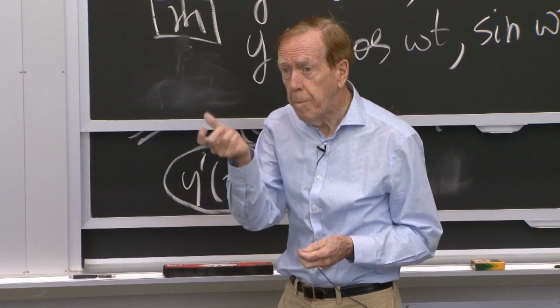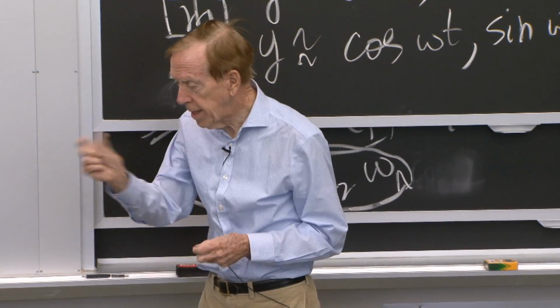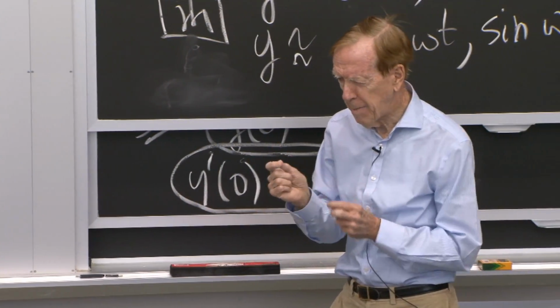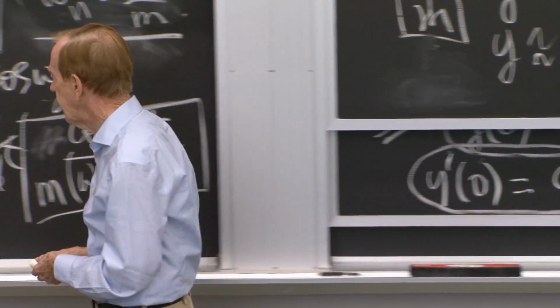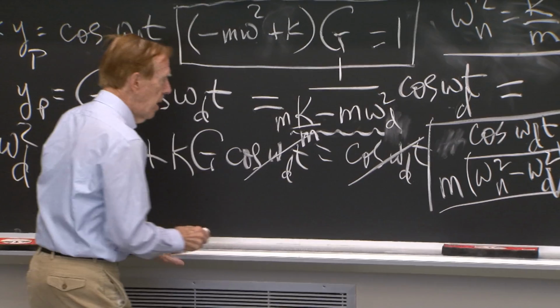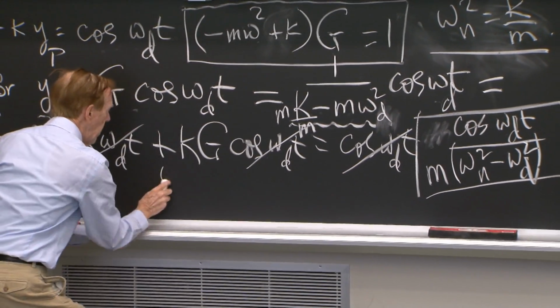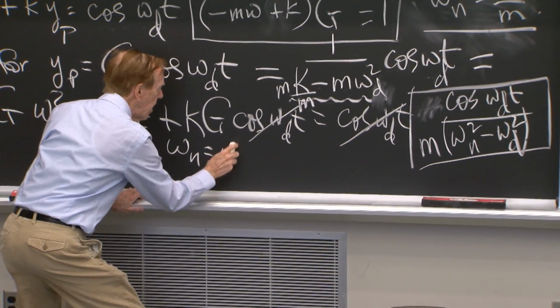When I have this repeated thing, two things are equal, what tends to happen is an extra factor t appears. So an extra factor t will appear in the case omega n equals omega d.